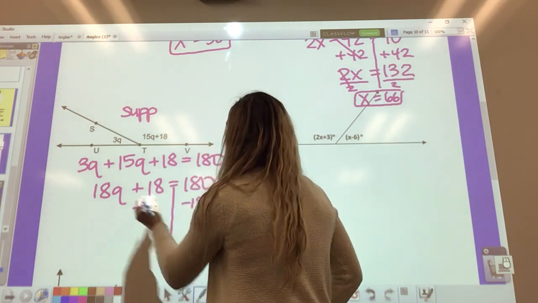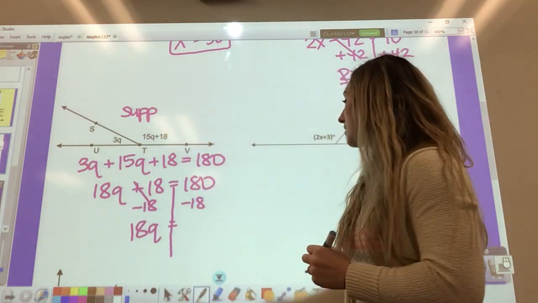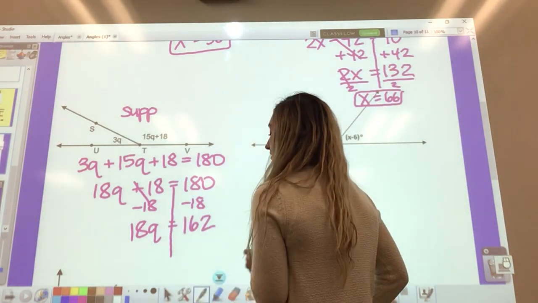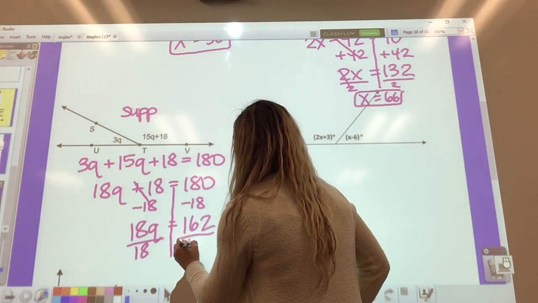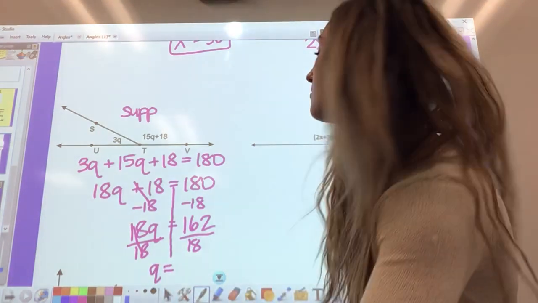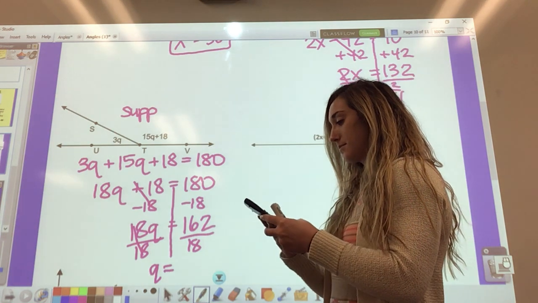Subtract 18 on both sides, leaving us with 18q equals 180 minus 18, which is 162. And from there, divide both sides by 18. That leaves us with q equals 162 divided by 18, which is 9.